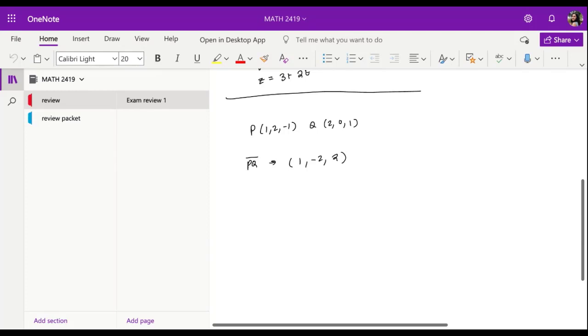So we can find the x, y, and z representations of each one. So we have x equals 1 plus t, and then y equals 2 minus 2t, and z equals negative 1 plus 2t.